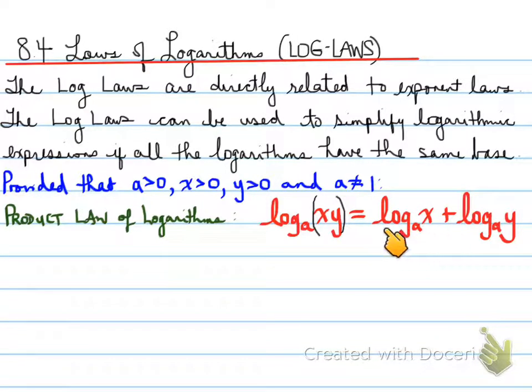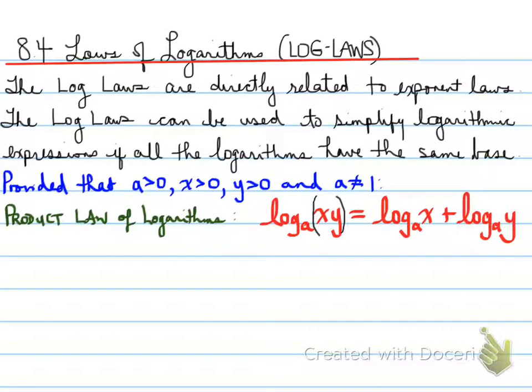If you think about it, this is very similar to what we did with exponential equations. If you had two powers being multiplied, you can add their exponents. So that's what this is actually saying.